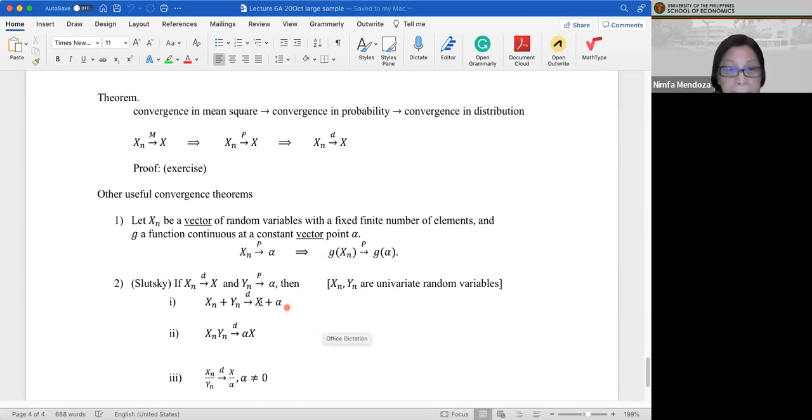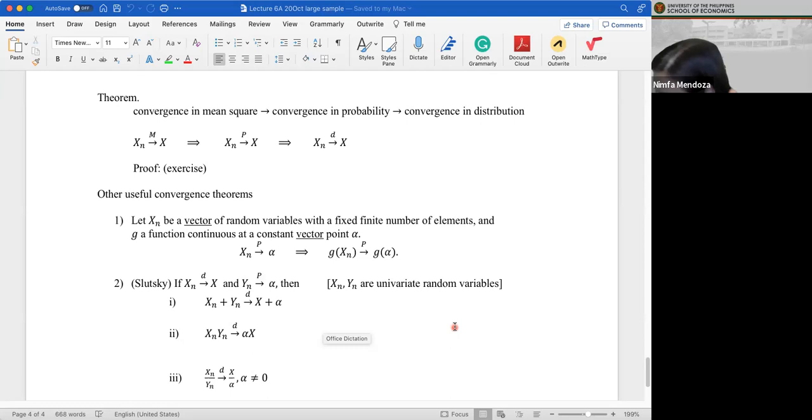Now, we have this Slutsky result. Suppose x sub n converges in distribution to x and y sub n converges in probability to alpha. X sub n and y sub n are univariate random variables.